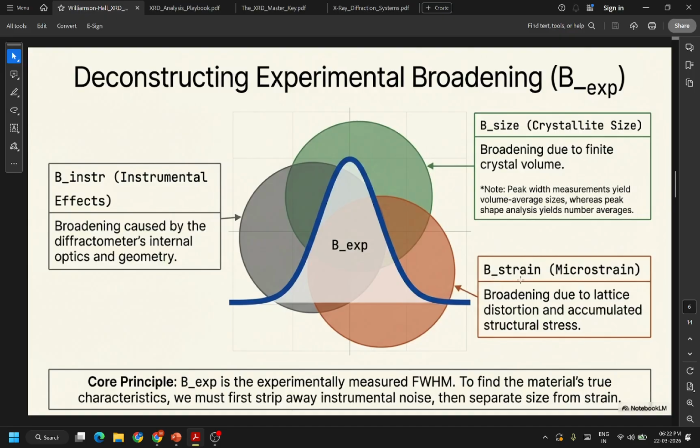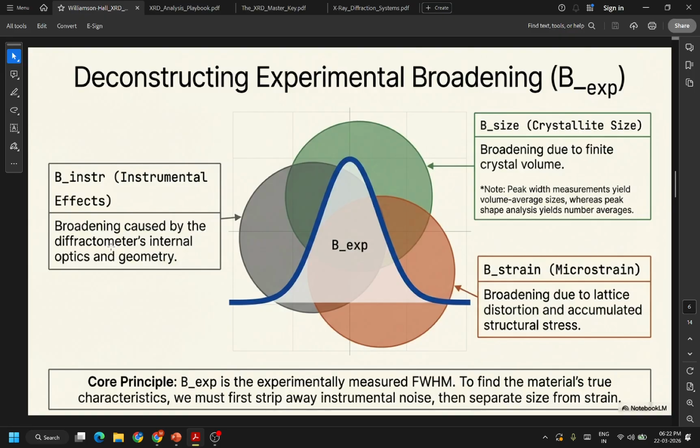Next is your B strain, which is broadening due to lattice distortion and accumulated structural stress. And the third is your B instrument, which is the broadening caused by the diffractometer's internal optics and geometry. There are optics inside a diffractometer which will create broadening in your signal.